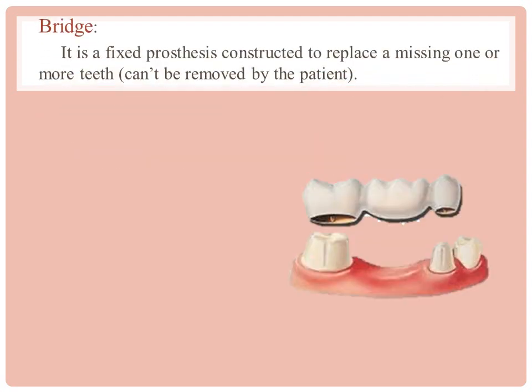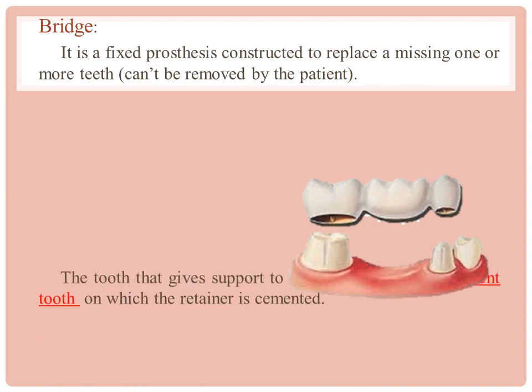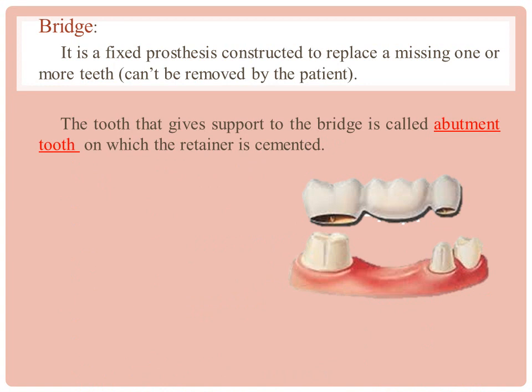Now we talk about the bridge. The bridge is a fixed prosthesis constructed to replace one or more missing teeth. As we said, the crown covers the external surface of the tooth, while in the bridge the entire tooth is missing, so we replace it by a bridge.